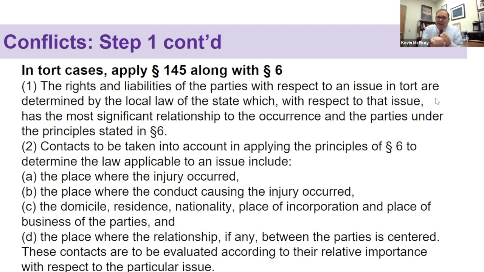The place where the conduct causing injury, the negligent driving, is where the car accident is. The place of the relationship between the parties is centered there, okay? And usually, maybe one of the two parties is from that state. But you've got to add them all up, and generally that's not what's on the bar exam.